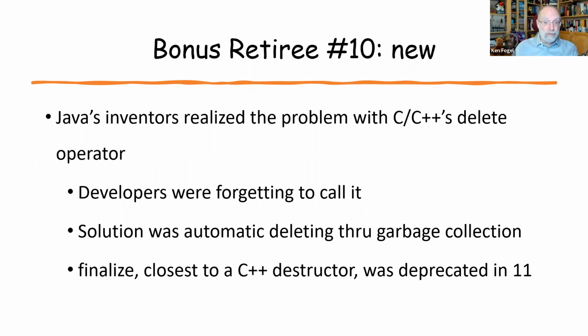And of course, the problem with finalize is it is only called when garbage collection happens, which, if you happen to have a computer with a lot of RAM, the machine I'm sitting in front of has 32 gigabytes of RAM, a little bit more than my first computer that had 48K of RAM.